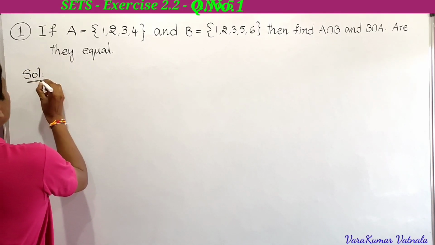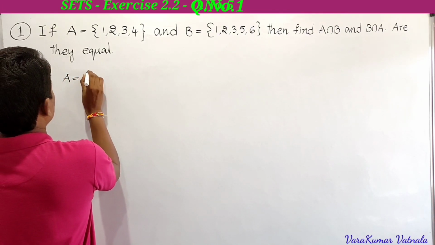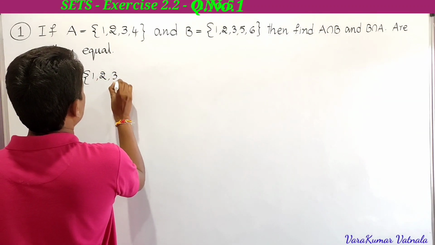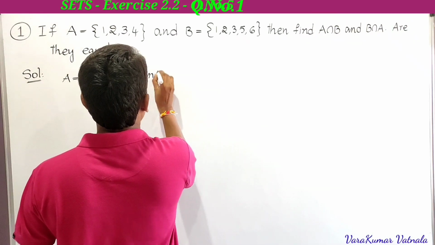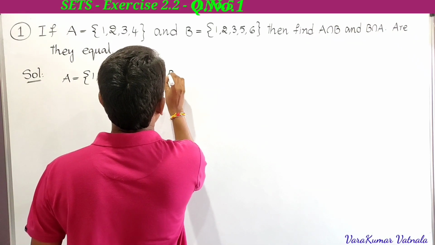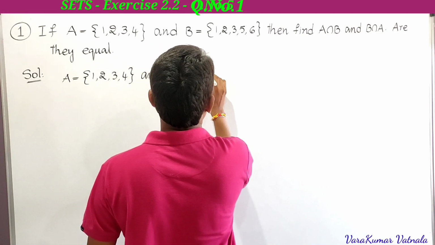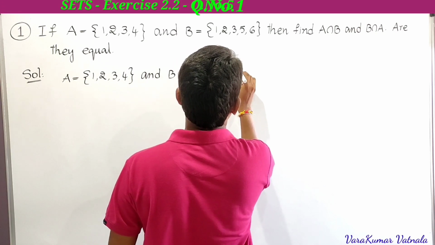See here how we can find. So A is equal to what? A is equal to the set of 1, 2, 3, 4 and B is equal to the set of 1, 2, 3, 5, 6.